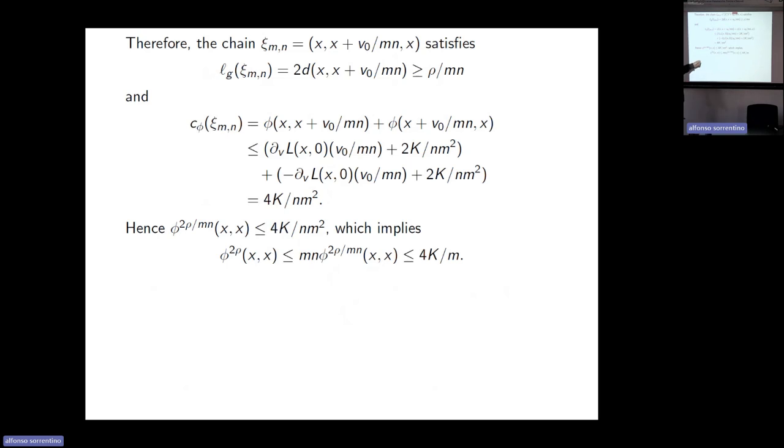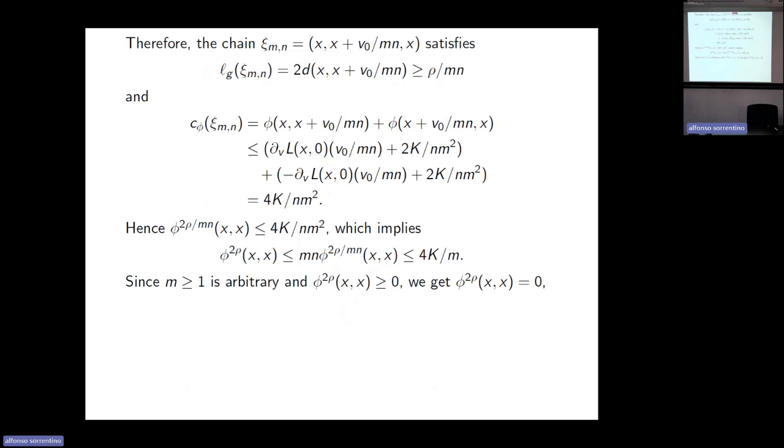Now, if you want to compute phi of 2 rho, x, x, because here you divided by mn, you have to multiply the cost by mn. Okay, and this is less than 4k divided by m.